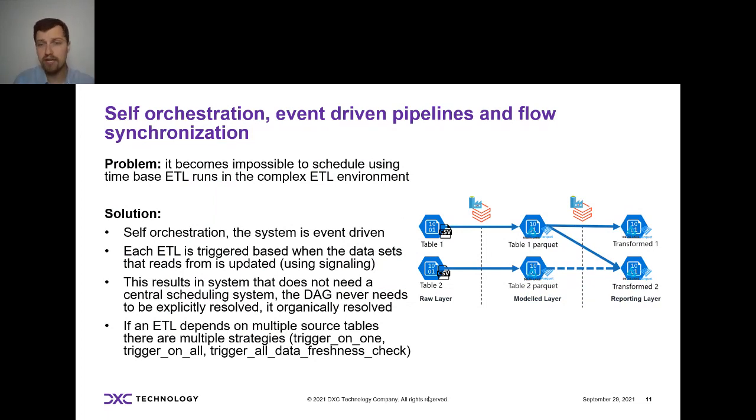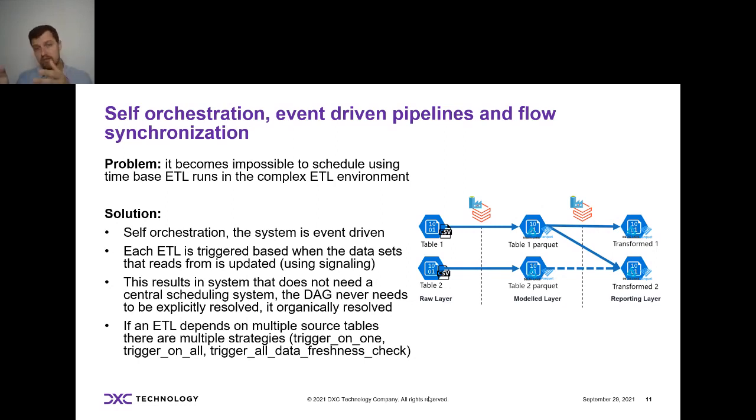When I say event-driven, I mean that there is some update to a table, in the database or on the blob storage, and then once the transaction to this data set was committed, so the data set is updated, you simply scan the lineage and see which ETLs are reading from this table, and you simply run those, right?